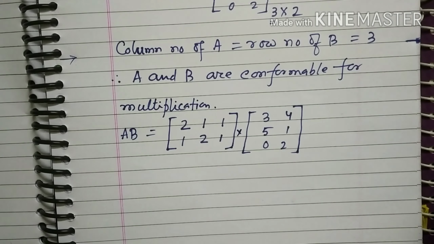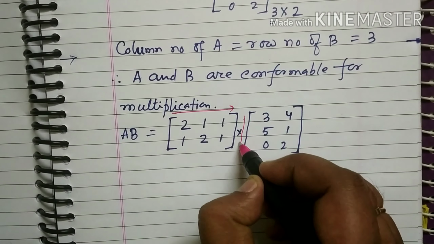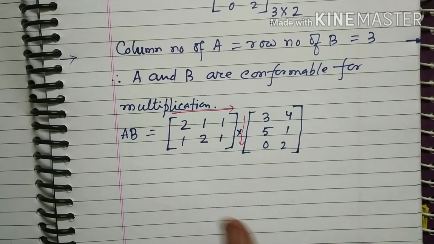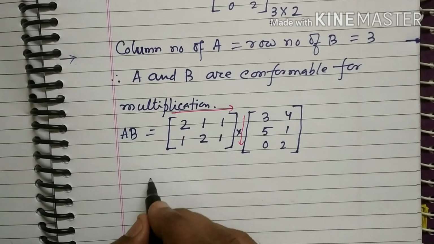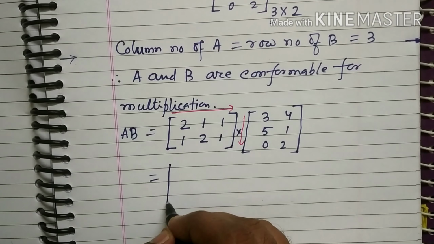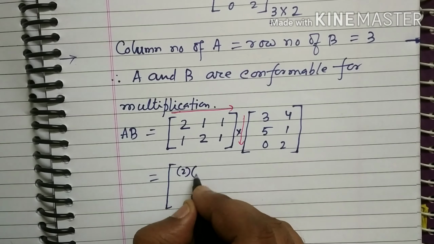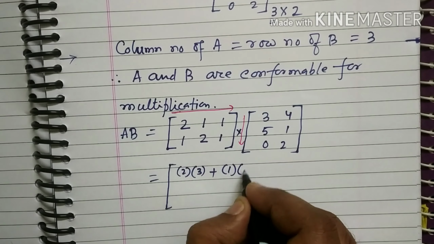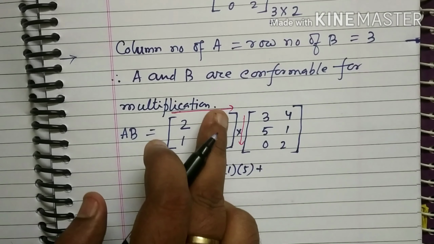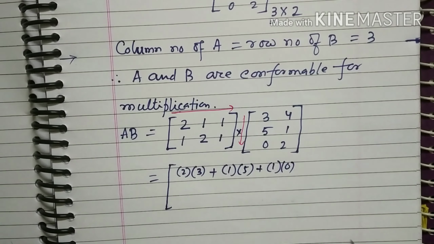Okay, same process. I take row then column. For a better understanding, I am using multicolor. Try to understand, very easy. 2 into 3 plus 1 into 5 plus 1 into 0.